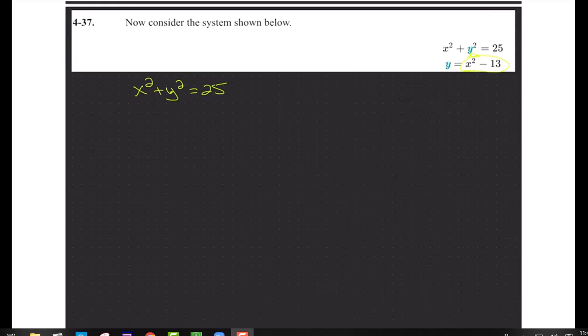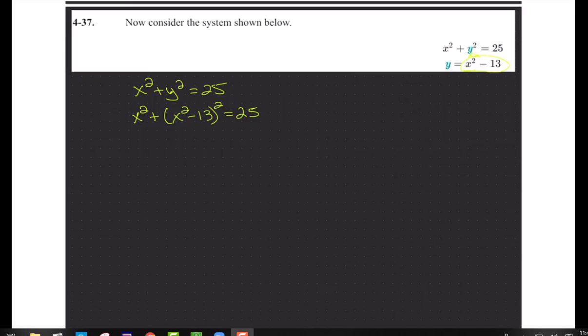Now we're going to substitute for y. We're going to get x squared plus, what are we going to put in for y? x squared minus 13. And we're going to square that. And it's still going to equal 25, right?